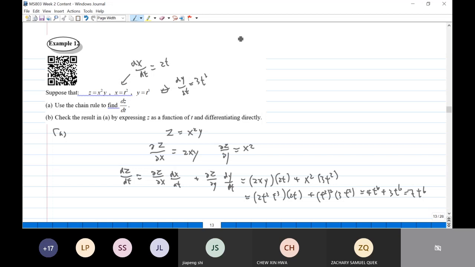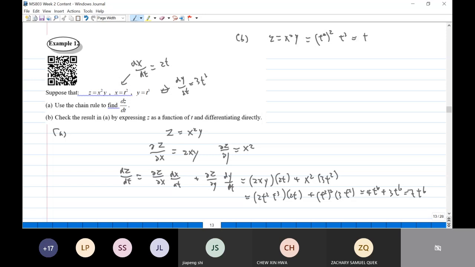How about part B? What does it ask you? Check the answer in A, expressing z as a function of t. z equals x squared y, where x is t squared and y is t cubed.